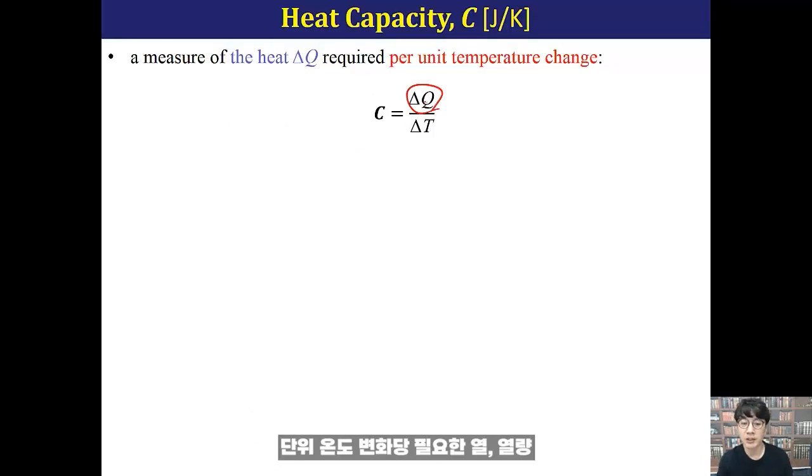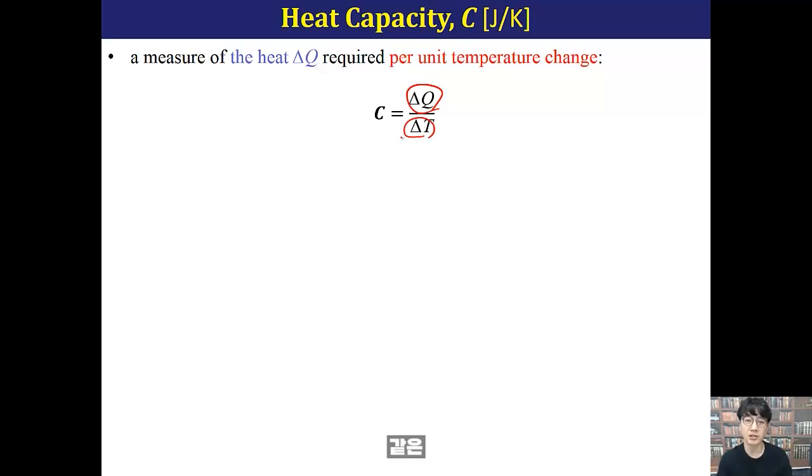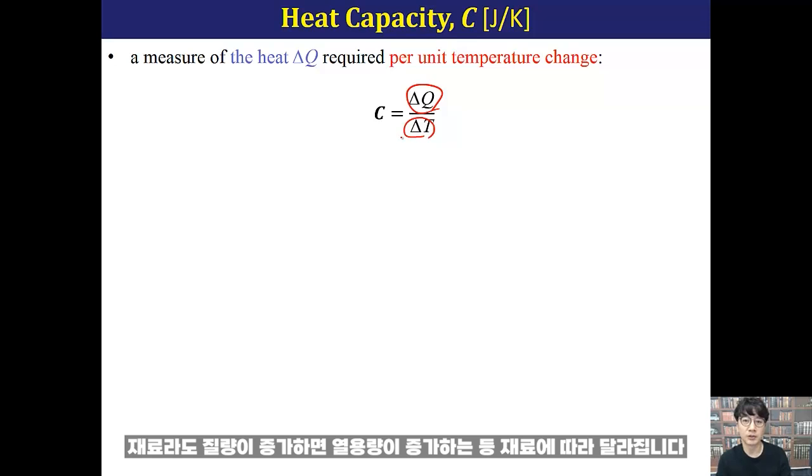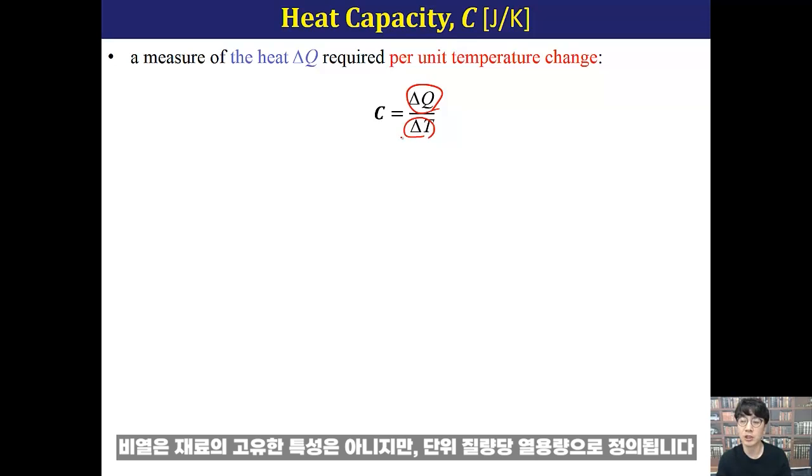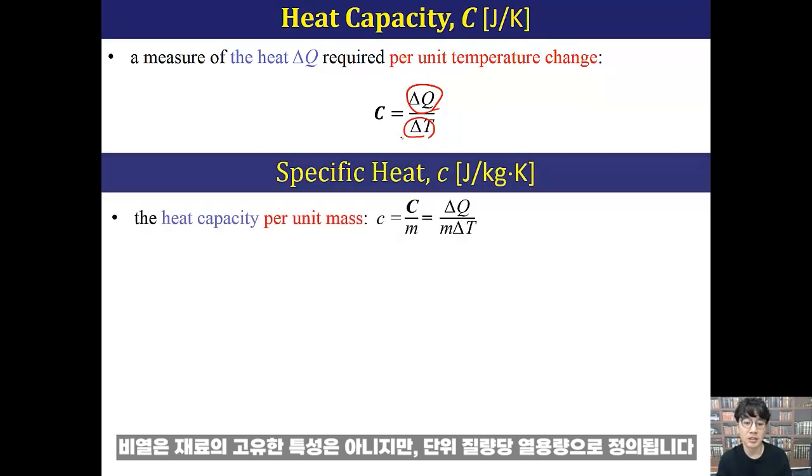How much heat is required per unit temperature change? This is heat capacity. It changes not only from material to material; for the same material, if the mass increases, then the heat capacity increases. So it's not a unique property of a material, but specific heat is defined as heat capacity per unit mass.